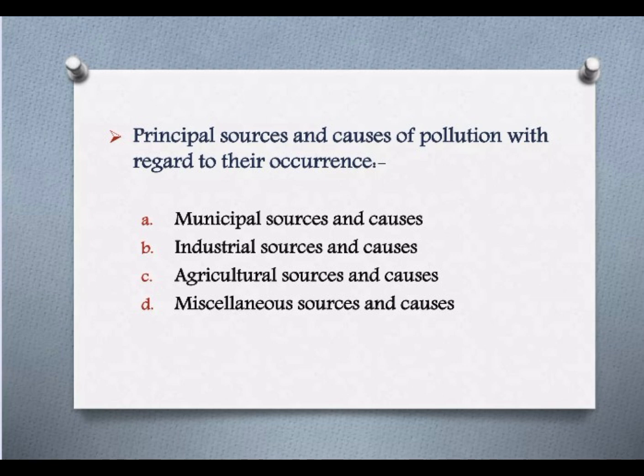Next is agriculture. There are also four sources and causes of pollution, which are irrigation return flows, animal wastes, fertilizers and soil amendments, and the last one is pesticides, insecticides, and herbicides.